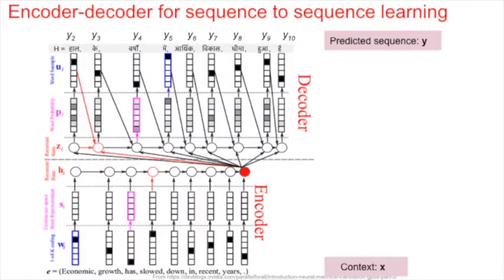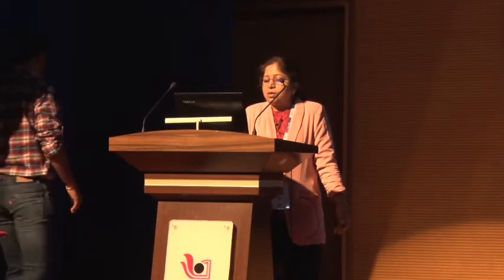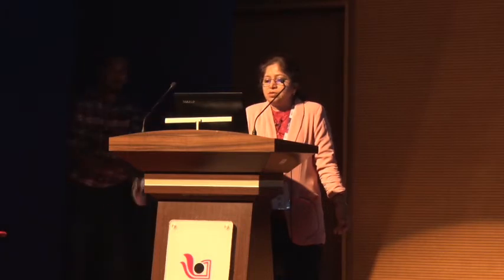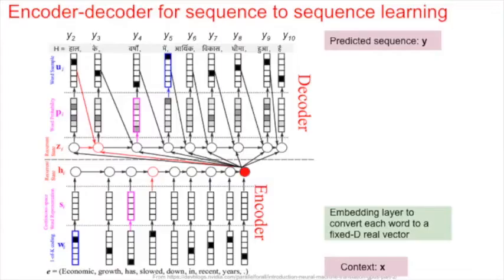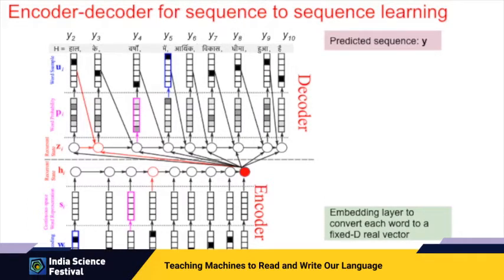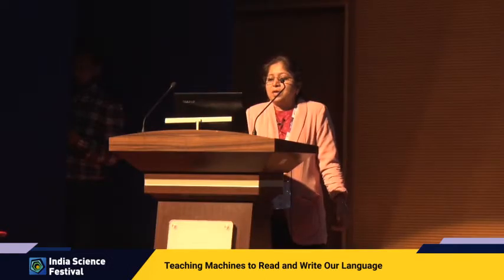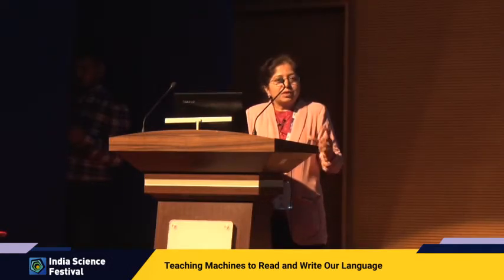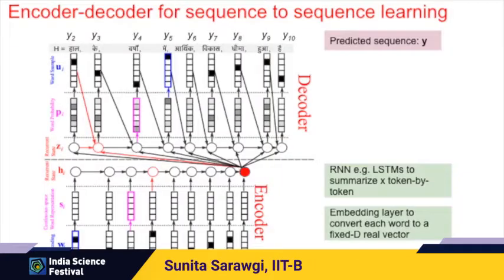That is our input x, and we first convert each of these words into their embeddings. This is what is called the embedding layer. It converts words into their 100 dimensional embedding. And now we use a recurrent neural network to summarize this input sentence into a fixed vector, which is what I am denoting by this red circle.